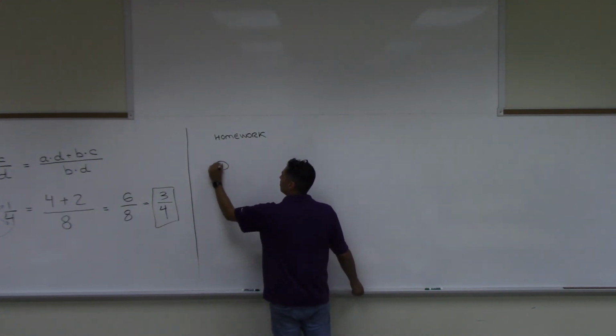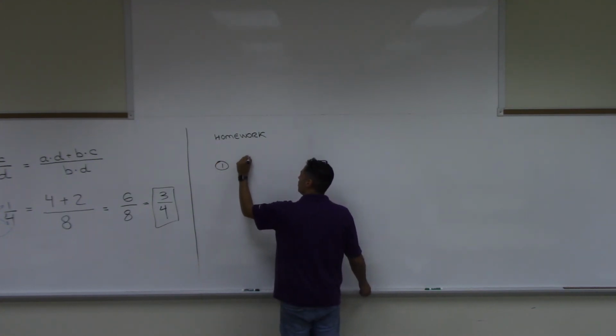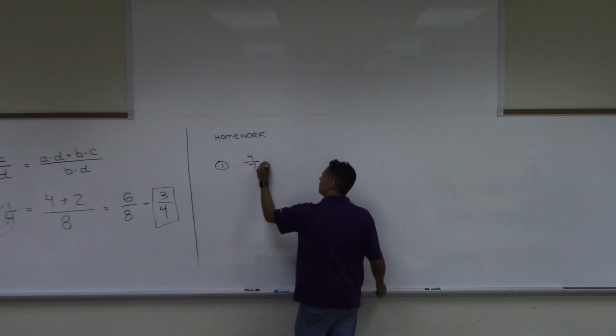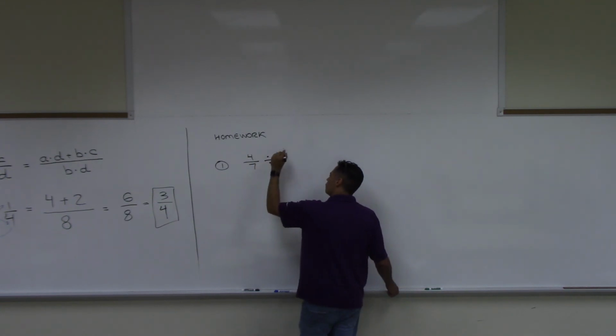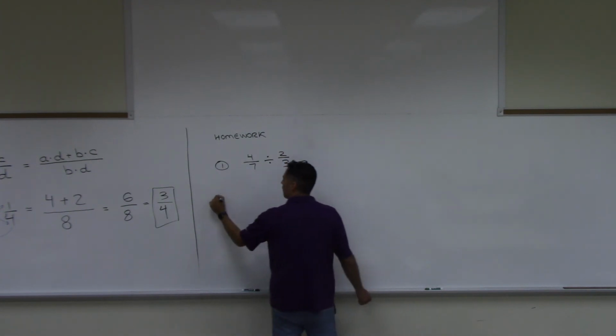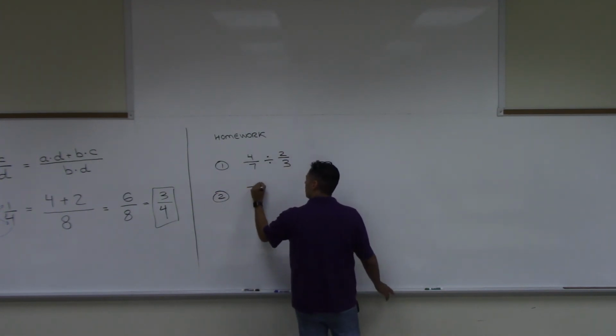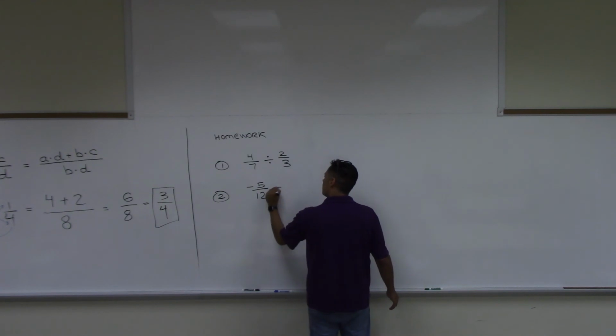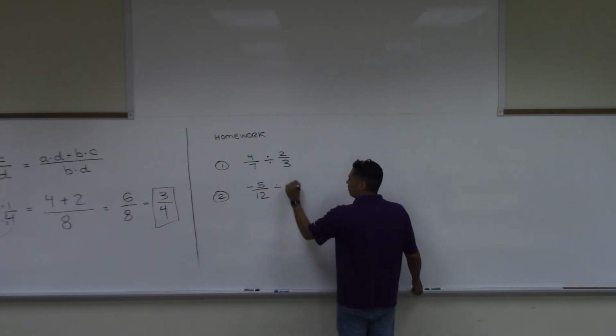Number 1, let's go 4/7 divided by 2/3. -5 over 12 divided by 6 over 5.